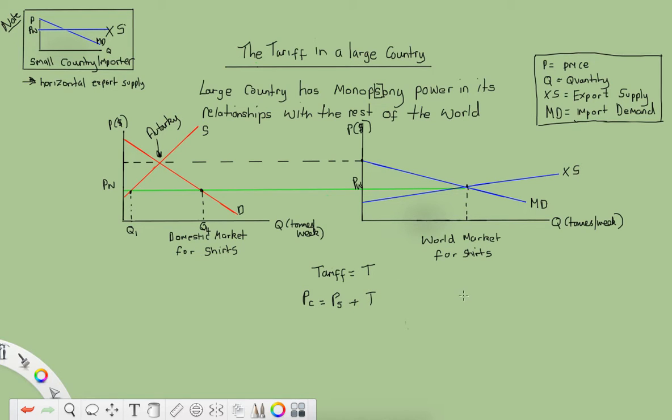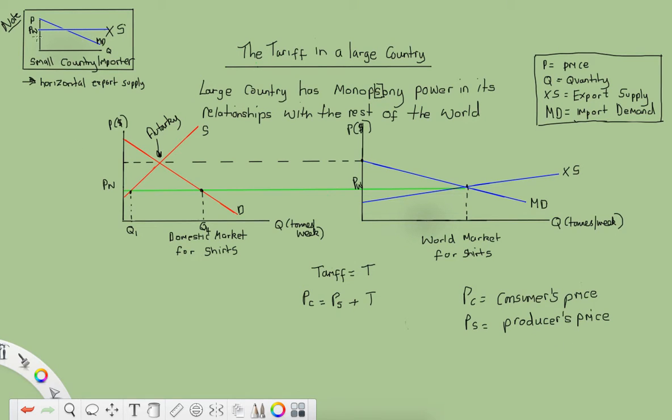So we have a couple more things to define. So PC is the consumer's price. And PS is the producer's price, the supplier's price. And there has to be a gap, because that's the amount that the government is going to take.